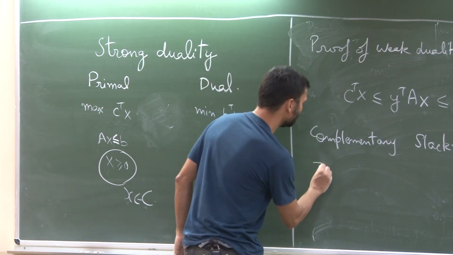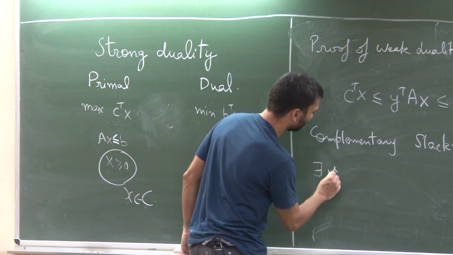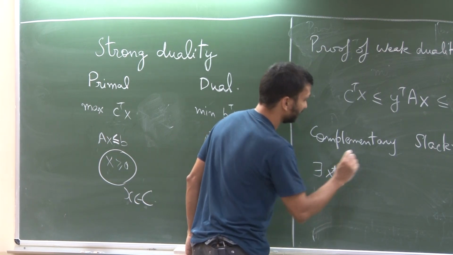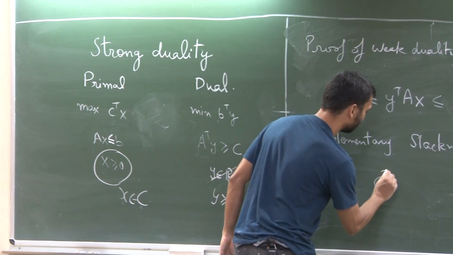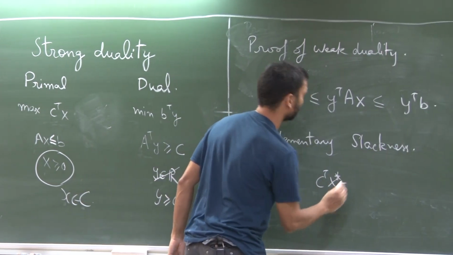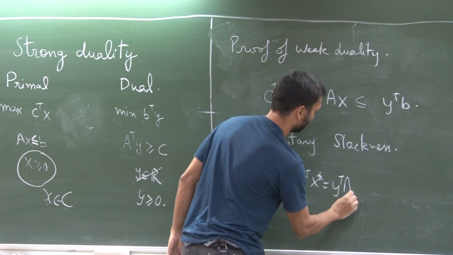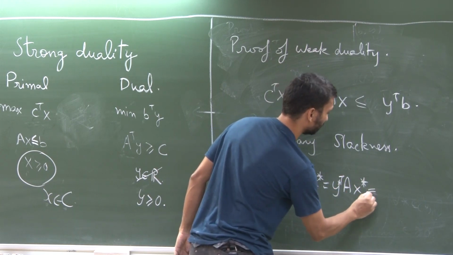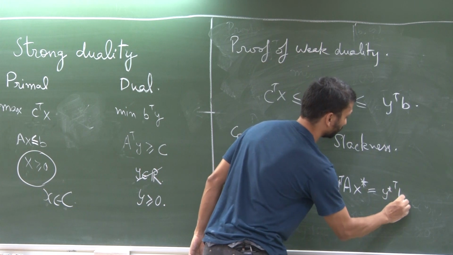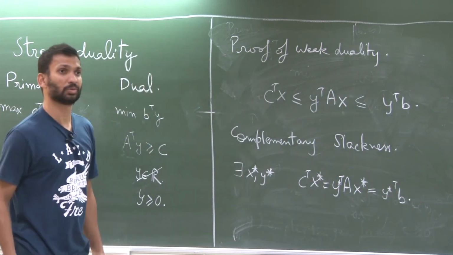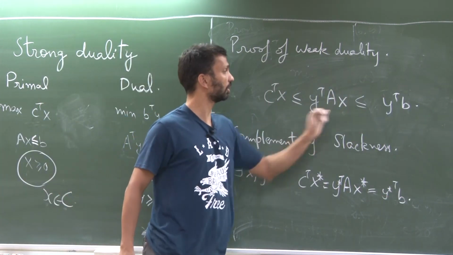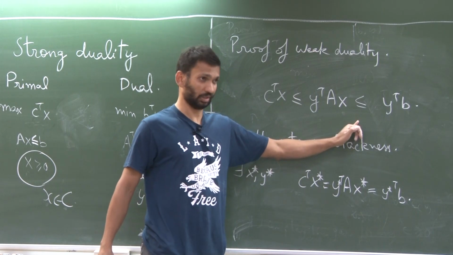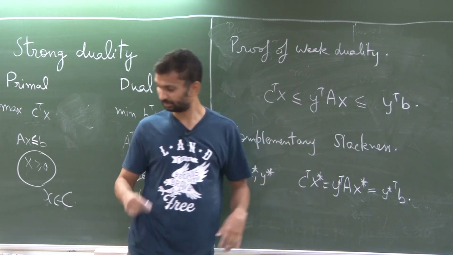Right? That means, assuming everything is feasible and all, there exist x star, y star, these are all equalities, right?